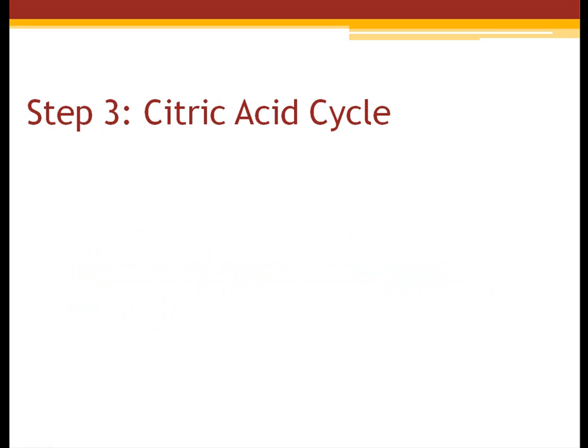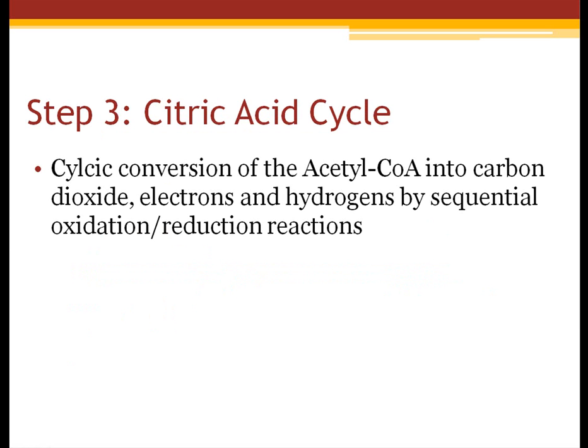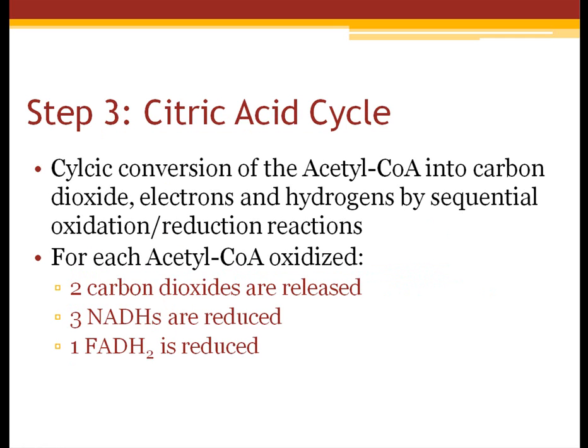The third step is the citric acid cycle. The citric acid cycle takes place inside the mitochondrion. It actually occurs even deep inside the mitochondrion at the matrix. What is going on here is we take this now 2-carbon molecule of acetyl-CoA and release 2 more carbon dioxide molecules. In the process, the hydrogens and electrons are released, allowing for oxidation reactions to occur.